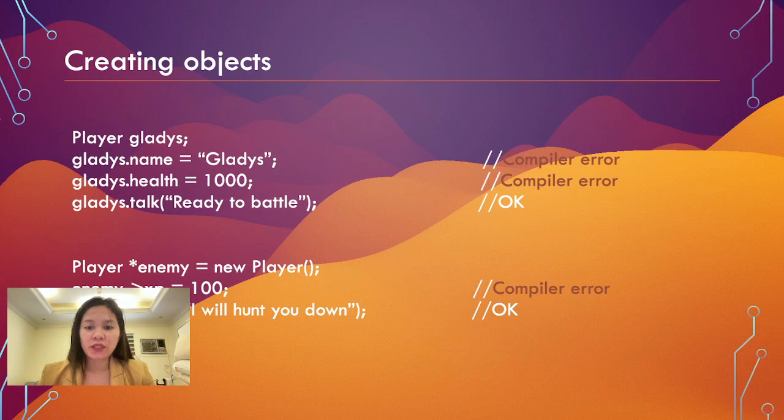Gladys.talk or is ready to battle, this is okay, this is a good compile. So Player enemy equals new Player, and enemy.experience equals 100 is a compiler error. Enemy.talk, "I will hunt you down", is okay. This is only an example from creating an object.